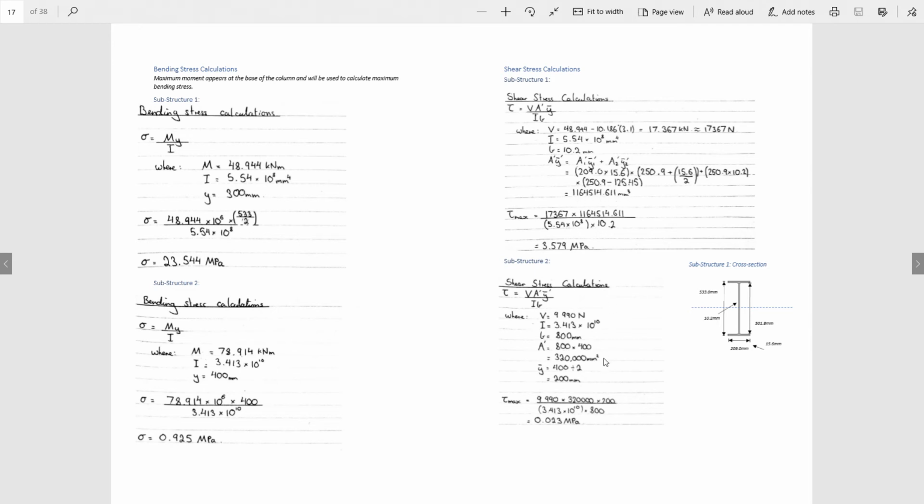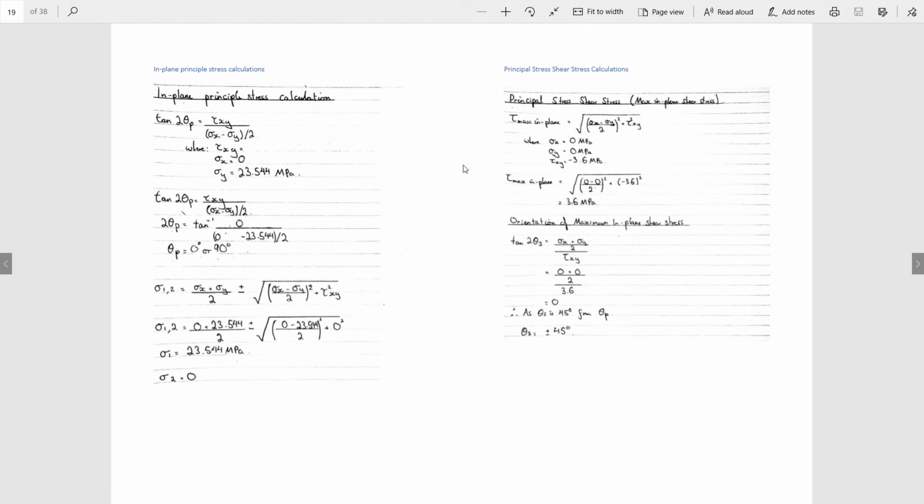And then from here, we sub in our values. Values are subbed in, and then we've got our max shear stress down here. Right, moving on. And we can see max shear stress in substructure 1 is going to be vastly more than in substructure 2.